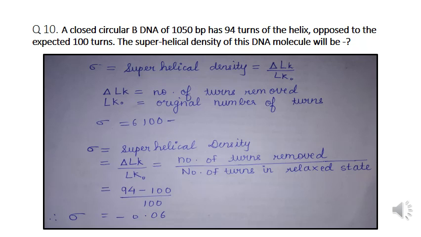So 94 minus 100 upon 100 will give you minus 0.06. So this is the superhelical density. And if the number of turns is less, then your DNA molecule is either positively coiled or negatively coiled. So the answer is minus 0.06.